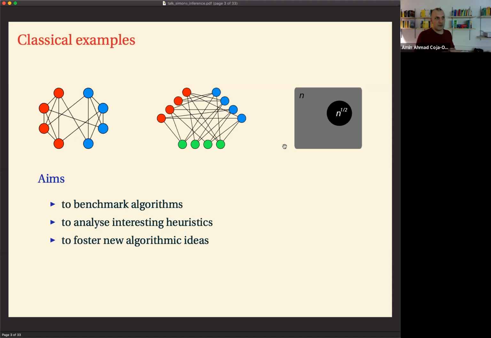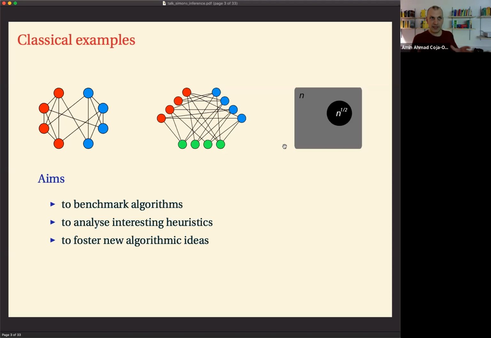And so these random graph problems were seen as a way out to some extent. So even though you cannot really hope to gauge algorithms meaningfully by looking at the approximation ratios they attain, maybe at least you can use these random models to benchmark algorithms.